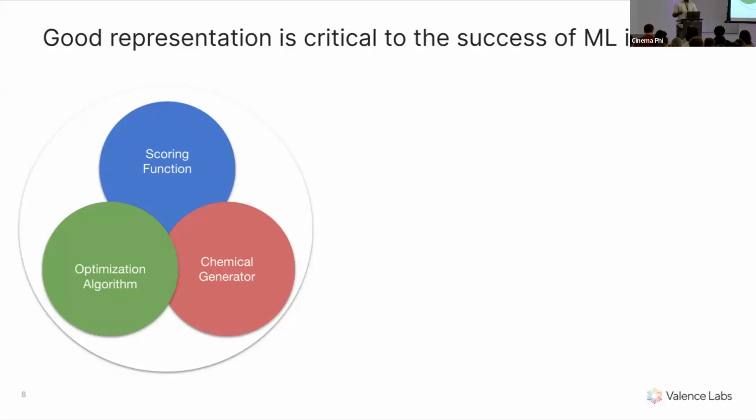If you want to have a patent on your compound, you need to show that there is some novelty compared to what exists already. You also need to optimize. Given some predictors and some generative model, you want to bias the generative model into generating compounds of interest to you, so you also need some optimization algorithm for that.